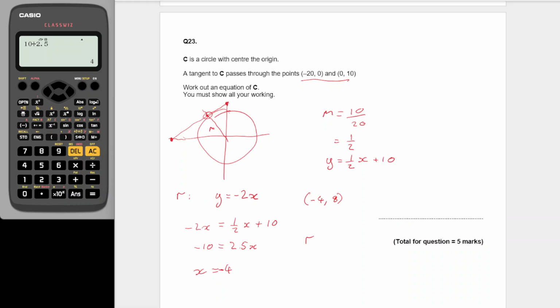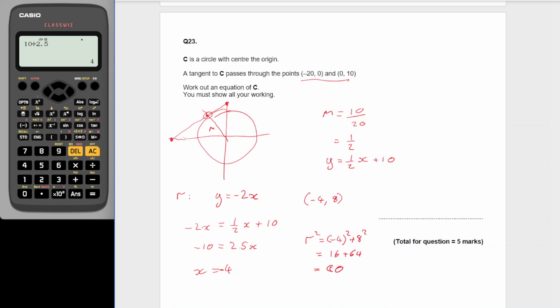So the radius squared is going to be equal to minus 4 squared plus 8 squared, which is 16 plus 64, which is 80.